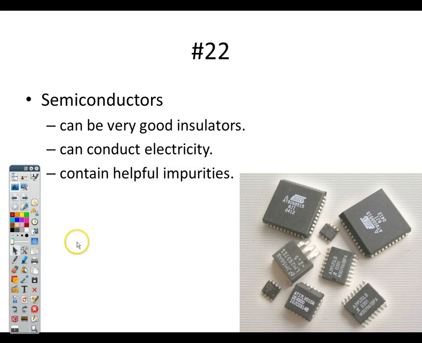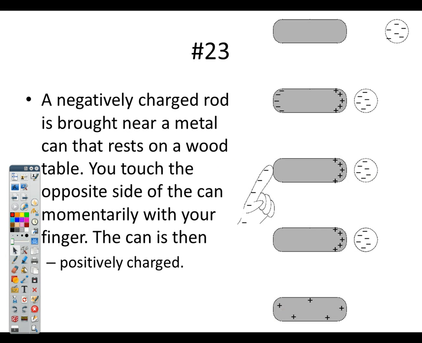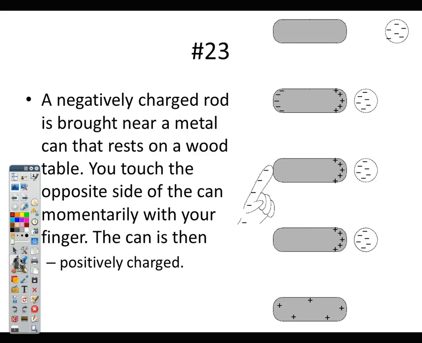The next one is number 23, and it says a negatively charged rod is brought near a metal can. Here is our negatively charged rod, facing into the board, and it's brought close to this can.